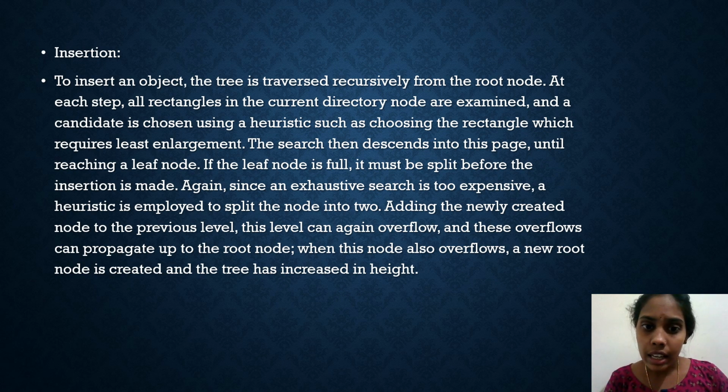Again, since an exhaustive search is too expensive, a heuristic is employed to split the node into two. Adding the newly created node to the previous level, this level can again overflow, and these overflows can propagate up to the root node. When this node also overflows, a new root node is created and the tree has increased in height.